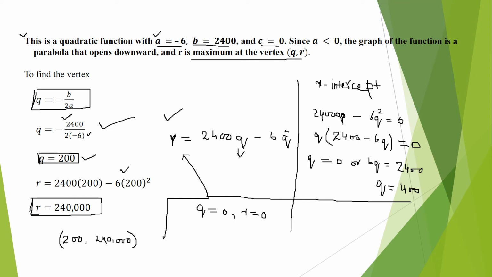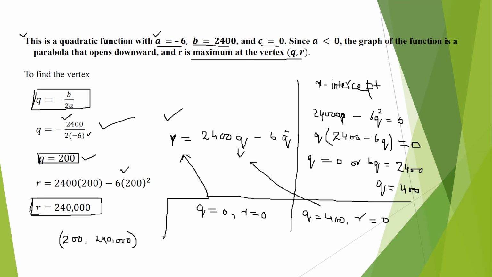Now if q is equal to 400, putting q is equal to 400 in place of q, the answer will again become 0.